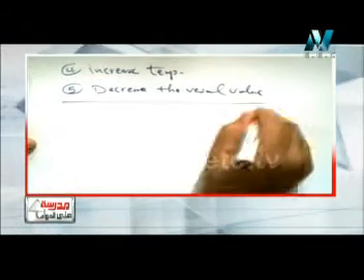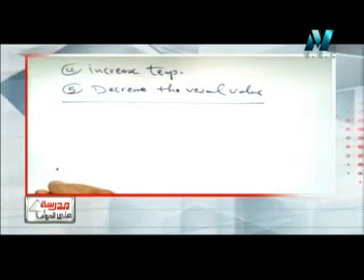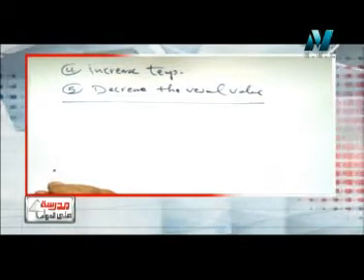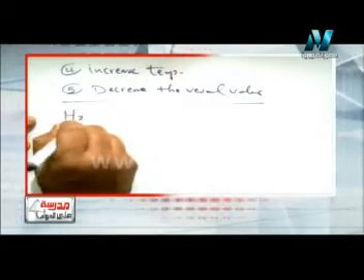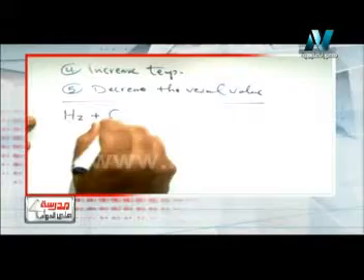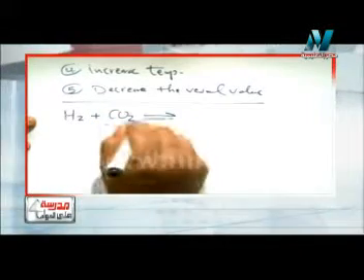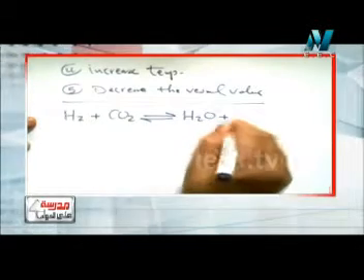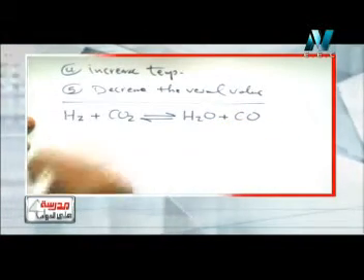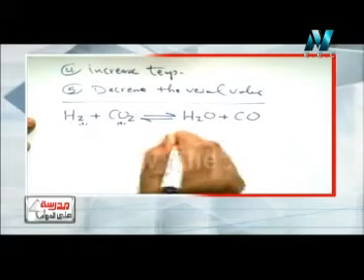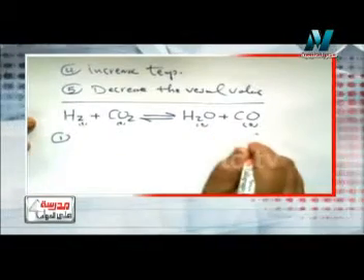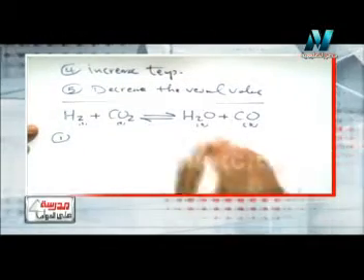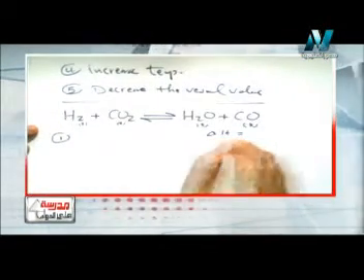Let's write the equation at first and say the change of each of these points. H2 gas plus CO2 gas gives H2O water vapor and carbon monoxide gas, and delta H is positive.